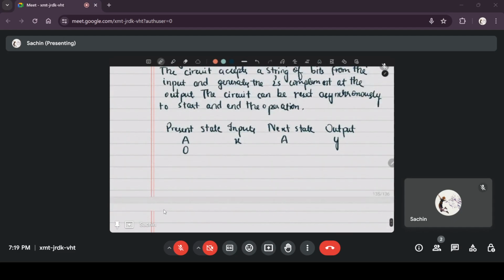So if it's in the first state and the input is 0, next state is still 0, output is 0. If it's in the first state with input 1, next state should be state 1 with an output 1. Now it's in the state 1 has occurred.